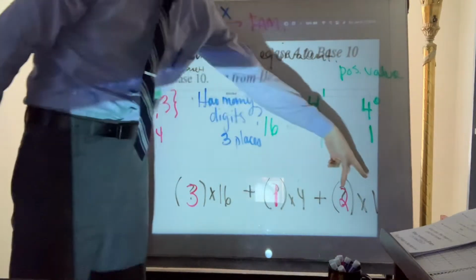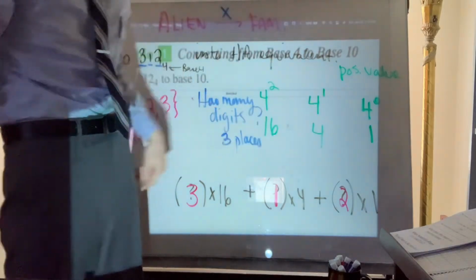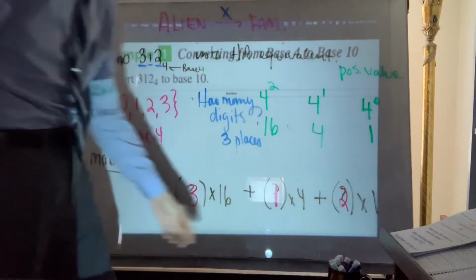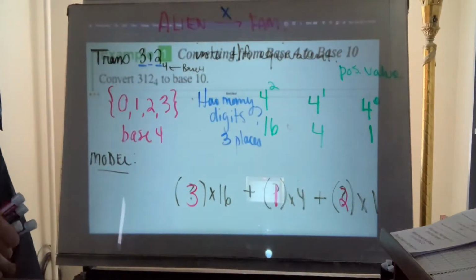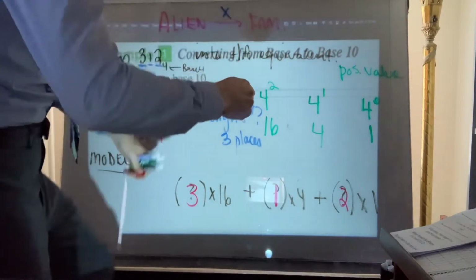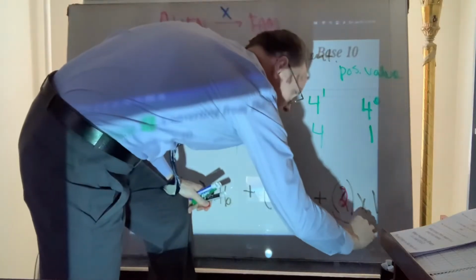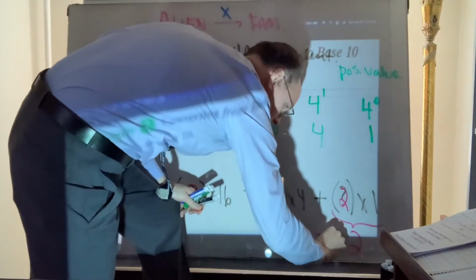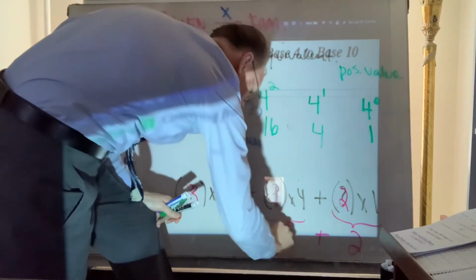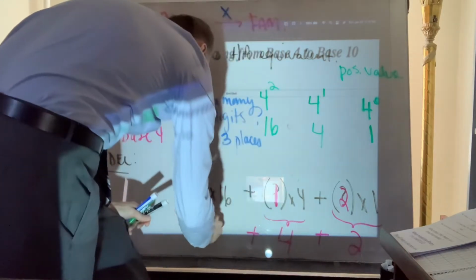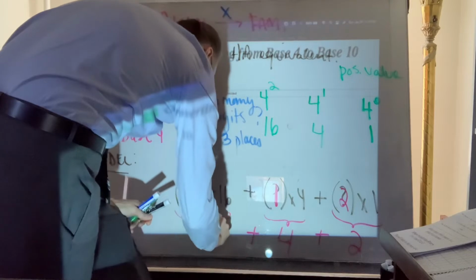Remember, you do your multiplication before you do your additions. 2 times 1 is just 2, naturally. 1 times 4 is just 4. And 3 times 16 is 48.